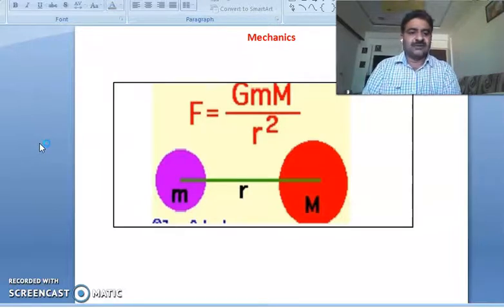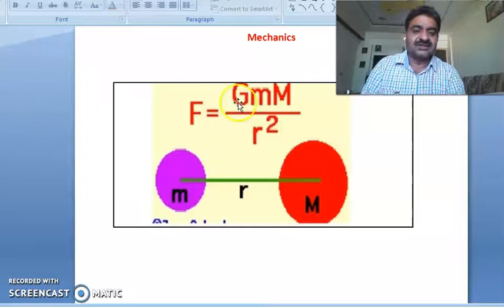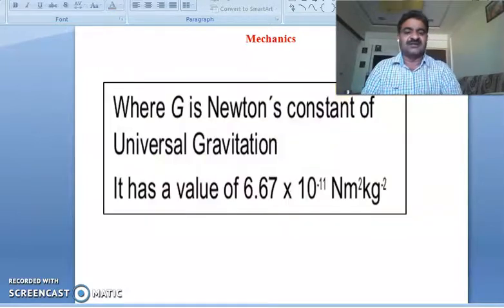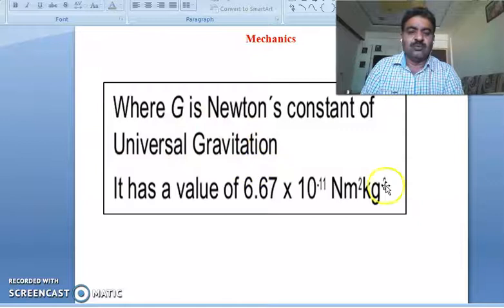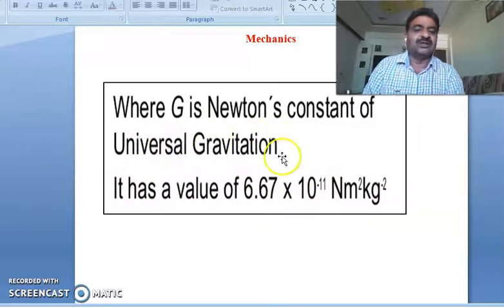Newton has concluded that G is a universal constant, and its value is 6.67 into 10 raised to minus 11 newton meter square per kilogram square. This value is fixed, it is constant, hence it is said to be the universal gravitational constant.